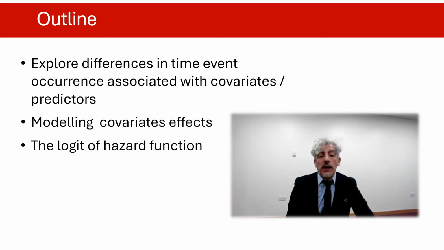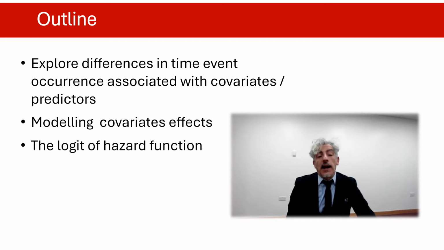In this presentation, I will first illustrate how we can explore differences in event occurrence between different values of covariates or predictors. I will then discuss issues and assumptions that allow us to start building models to represent the effects of covariates, and I will introduce the logit hazard function, which is the basic block for building more sophisticated models in survival analysis.